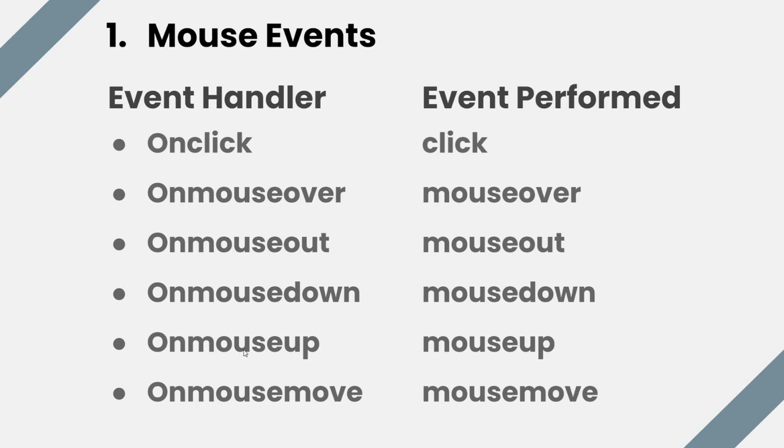Now the next event handler we have is the onmouseover event handler. This event handler performs the event of mouse over. Mouse over here describes when a user moves the pointer over an HTML element.